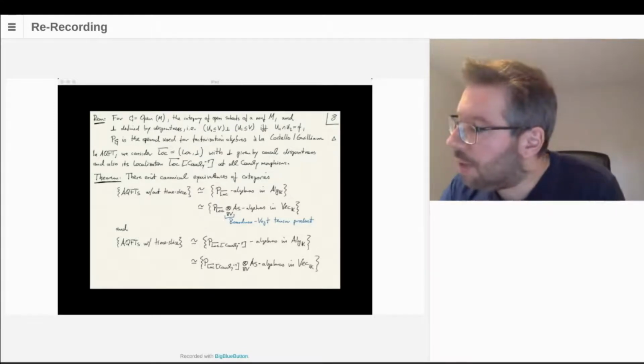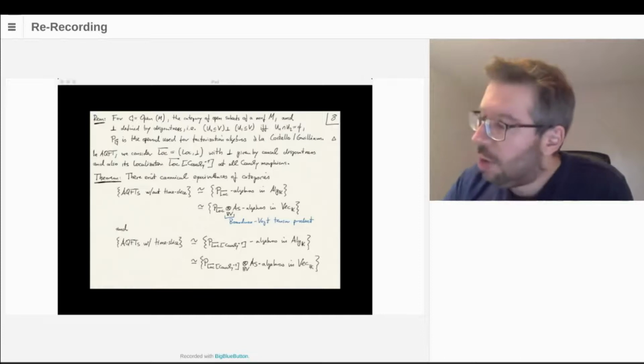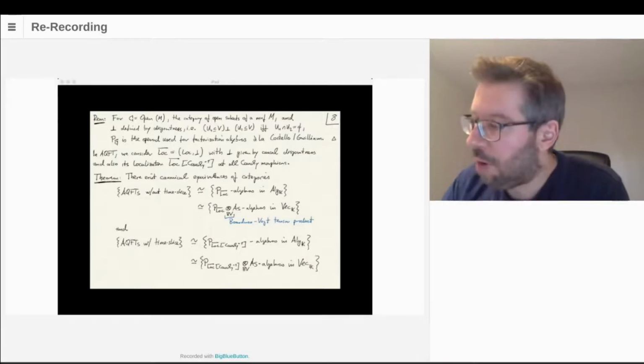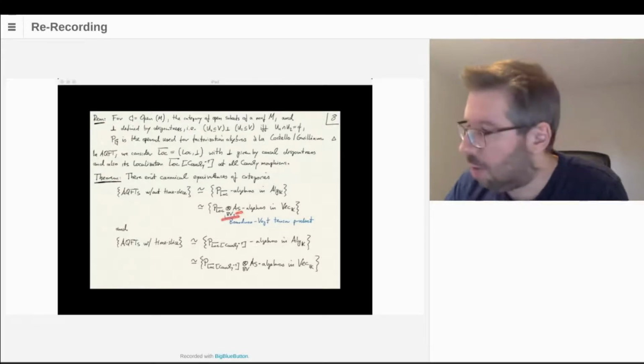And this description here is equivalent, in a sense, by definition, to algebras over a different operad, the prefactorization operad tensor product the associative operad. This tensor product is the so-called Boardman-Vogt tensor product of operads.